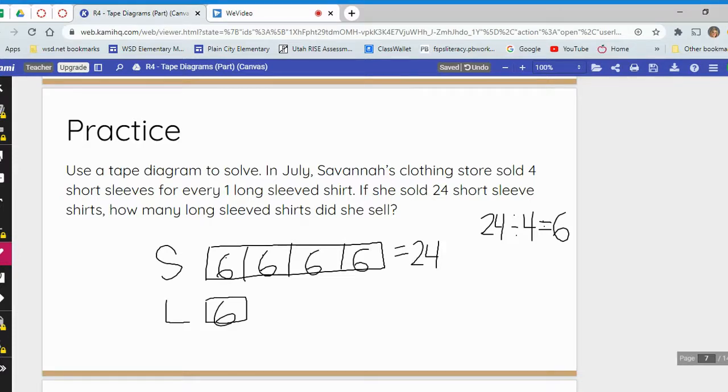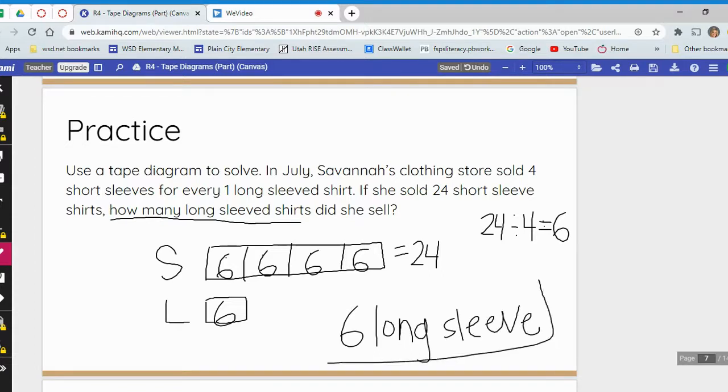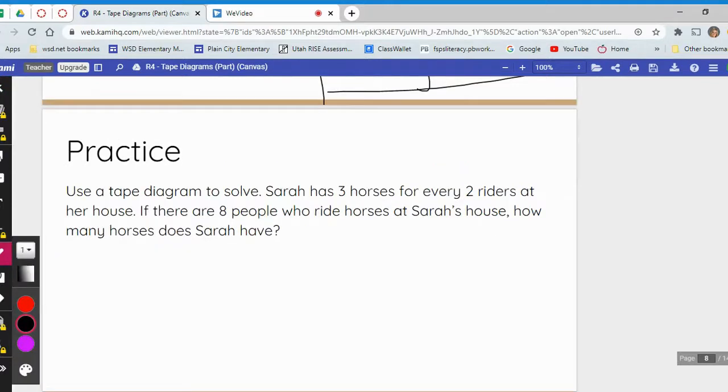Okay, now we go to our question. How many long sleeve shirts did she sell? Well, there's only one section and it represents 6. So she sold 6 long sleeve shirts. Okay, hopefully that's what you got. Okay, again, go ahead and pause and try this one and then press play when you're ready to go through it.